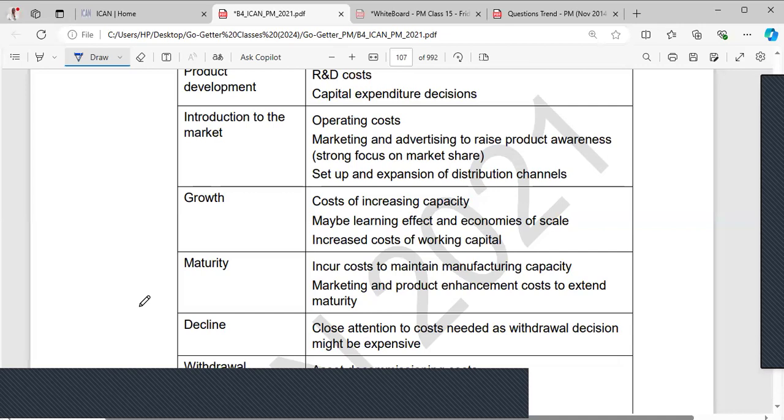So what will it take you to maintain a market share? Increase manufacturing capacity, because if you remain stagnant, your market share will reduce. So you increase your manufacturing capacity because there are some people coming to compete with you and you'll be losing customers to them. So you need to increase your manufacturing capacity to cater for more.